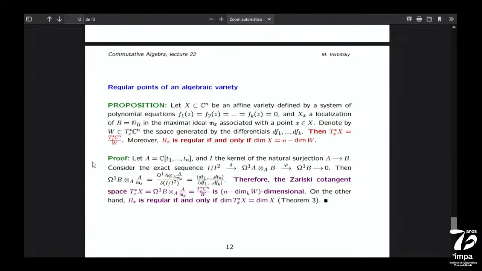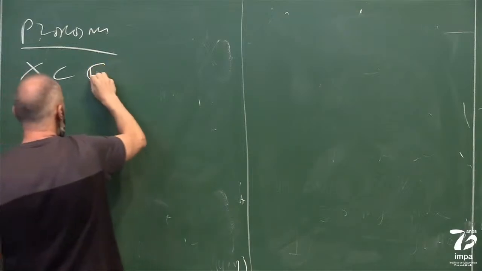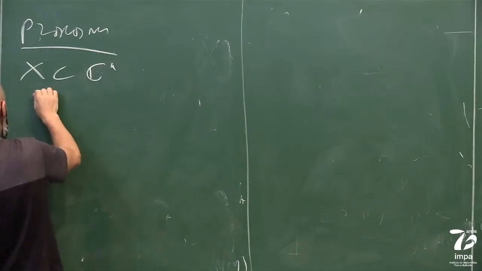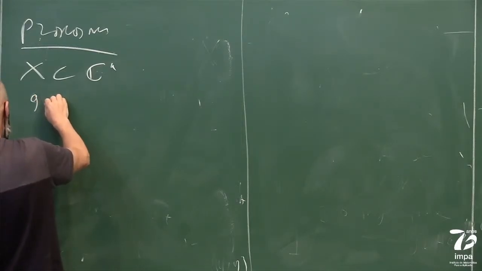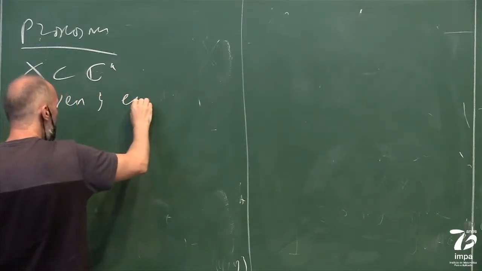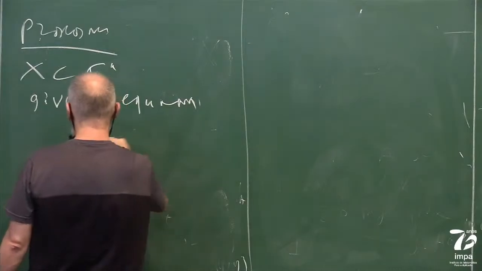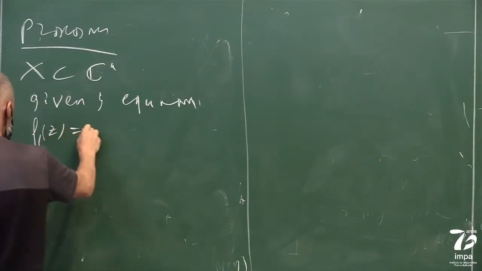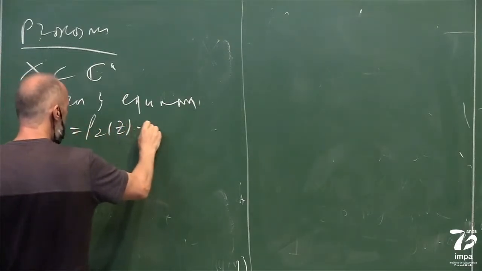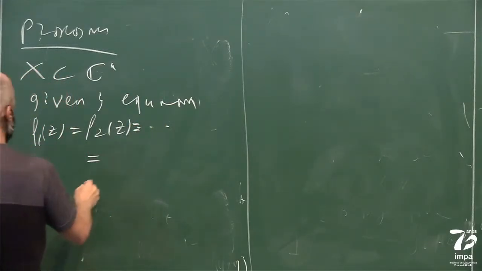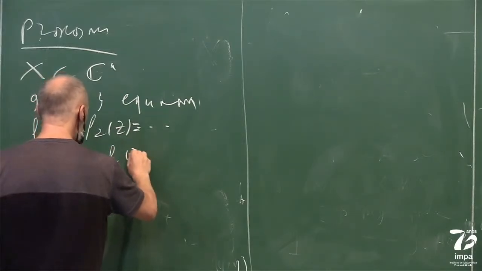You have X inside Cn, given by a solution of equations f1(z) = f2(z) = ... = fk(z) = 0.